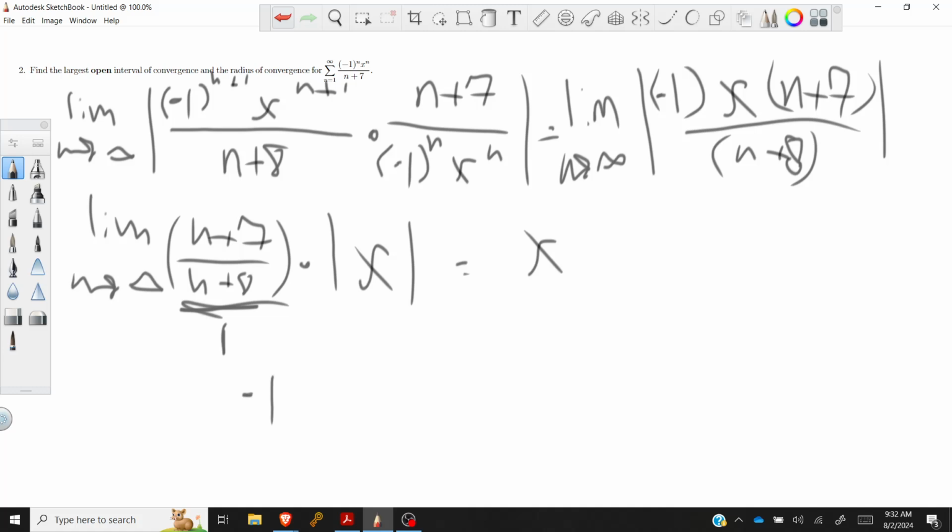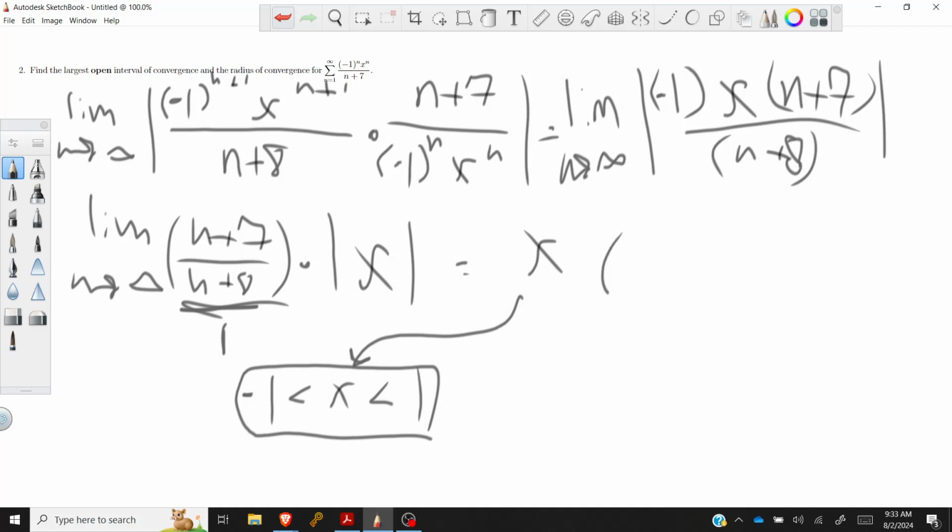Now when you're finding the radius of convergence and the interval, is this less than or equal? I'm unfamiliar. But this is what you're going to be evaluating, and this is what you plug in. So right now it's already solved for x, so our interval is -1 to 1, and our radius is 1.